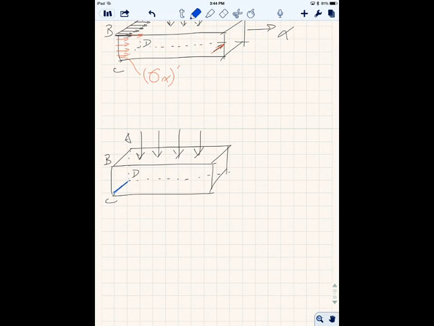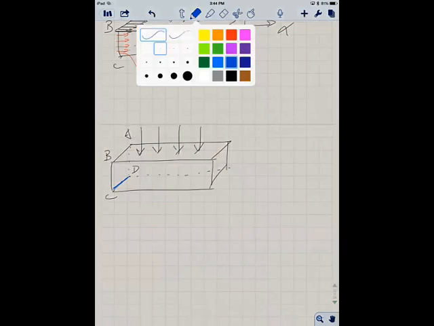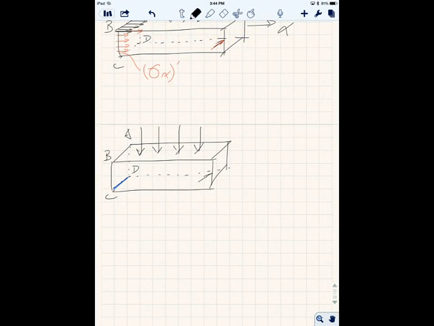And like I mentioned, it's going to be at point D, because when you have concentrated force over here, the maximum compression is at AD. So this D is on both lines, so you can add them together, right?